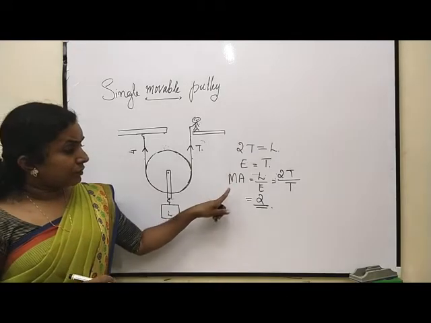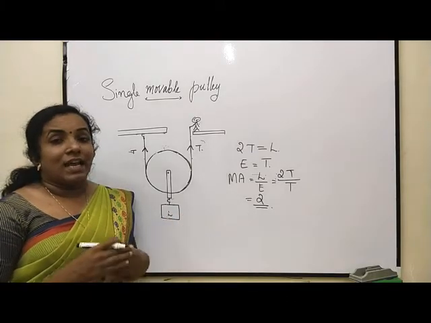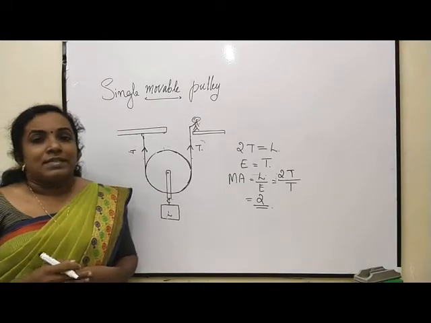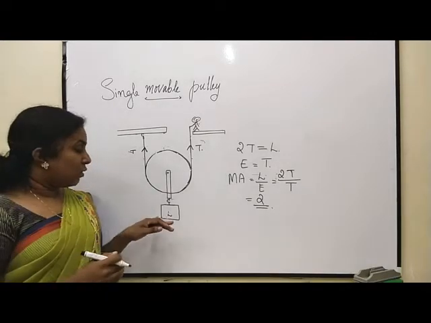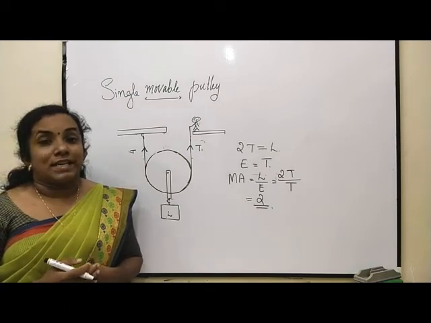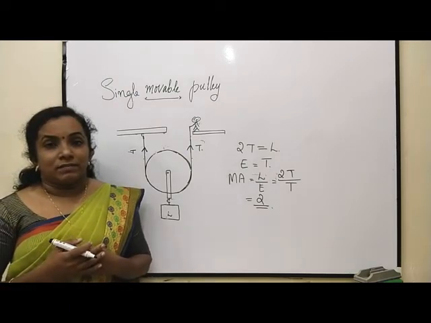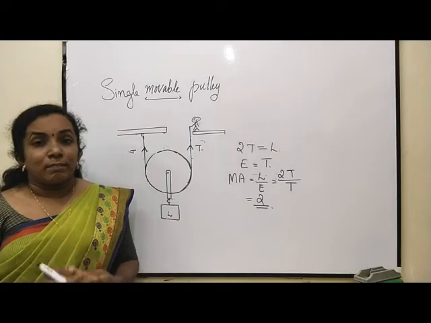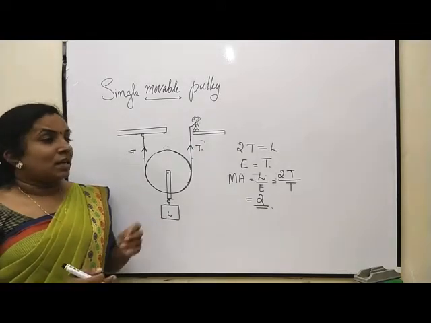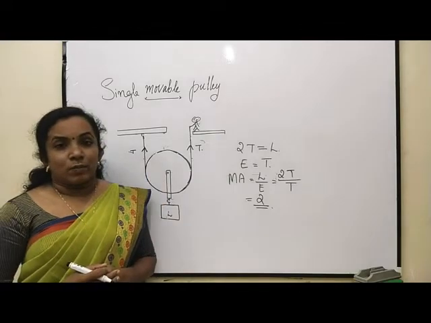So here the mechanical advantage is equal to 2. Since this mechanical advantage is equal to 2, this pulley is used as a force multiplier, or it multiplies the effort 2 times. Now let's look at the velocity ratio.